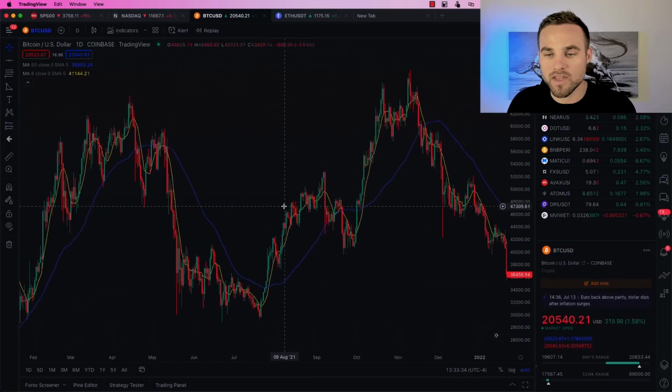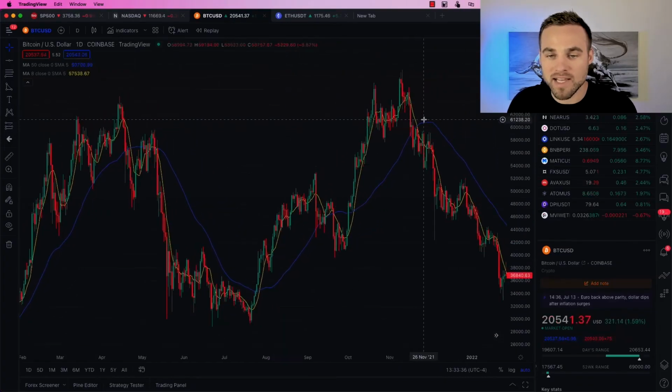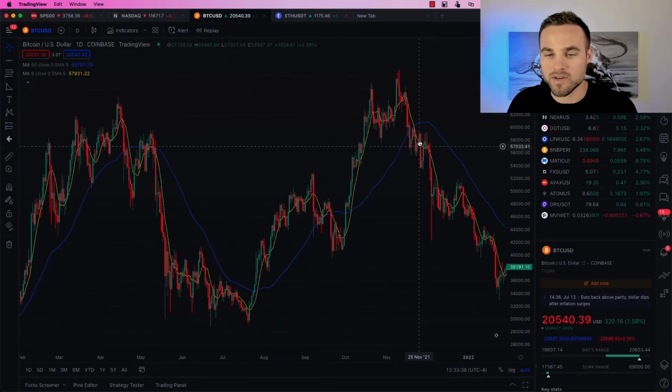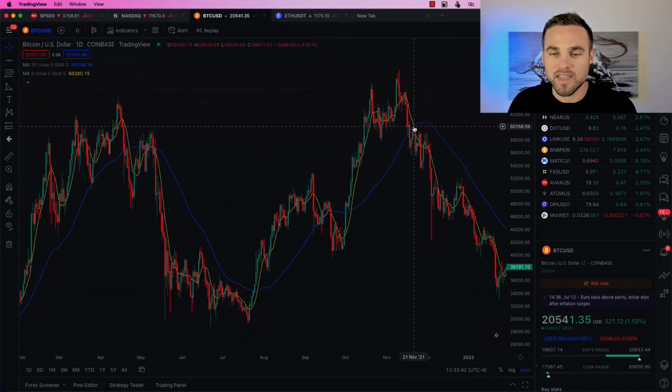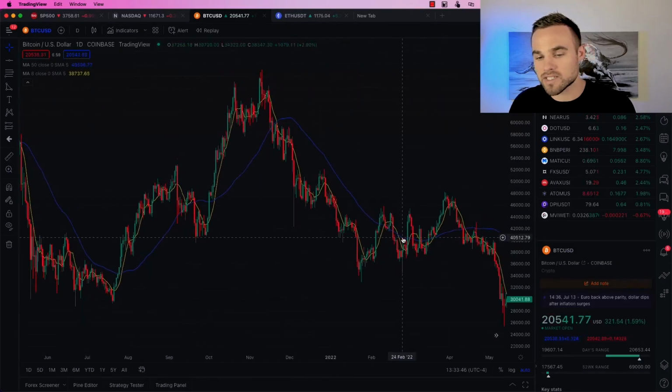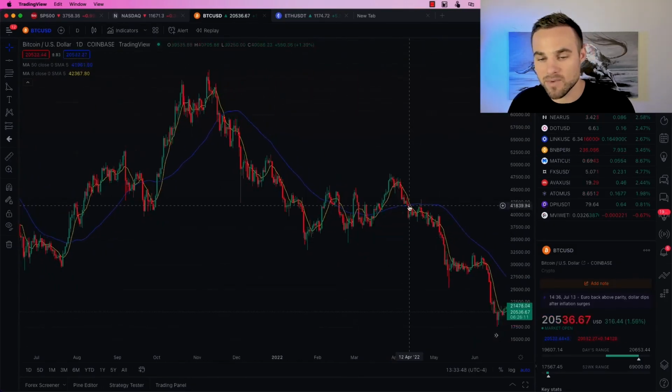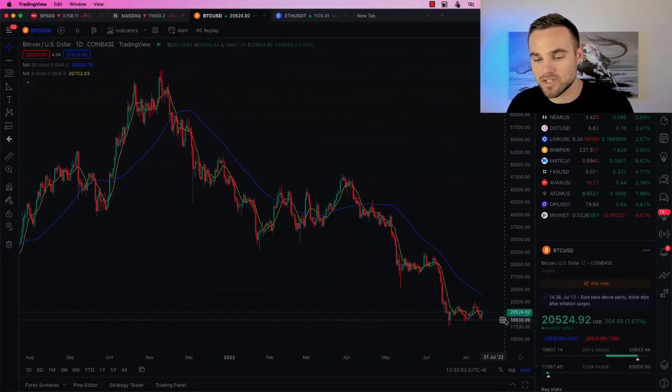Another way you can trade this is when the lines cross. For example, you get a crossing of the lines here. This is generally the indication that the trend has changed, and we can see it's crossed down here. Again, we see the cross happens here and we get a downward trend, just like we're seeing here.